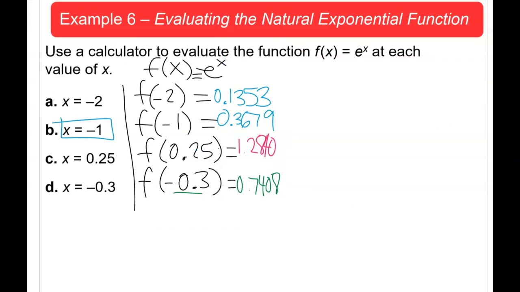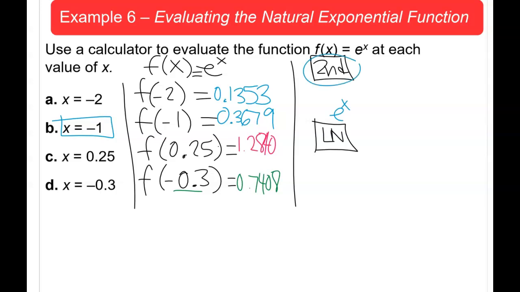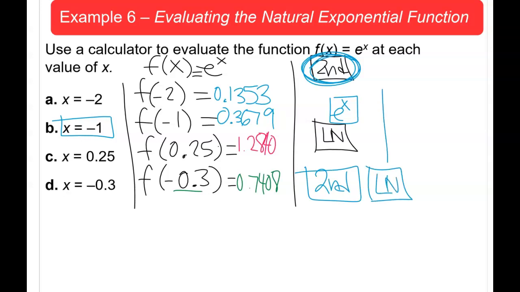Now, if you were evaluating this on your calculator, you might want to find that key that I was talking about. You might have to press the second key if, for example, you have a key that says ln, like in the TI-84, and then you will have here e to the power x. So you might have to press the second key to get the function in a different color as the key. If that is the case, you will press second and then the ln key, so that on the screen it will print e to the power, and then it will open a little box here perhaps.